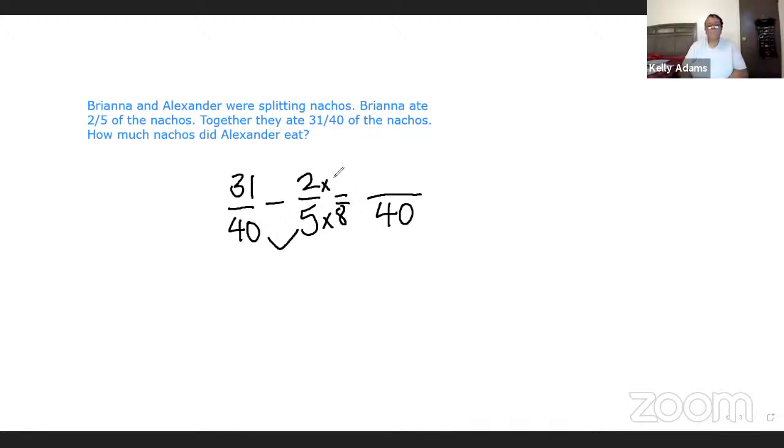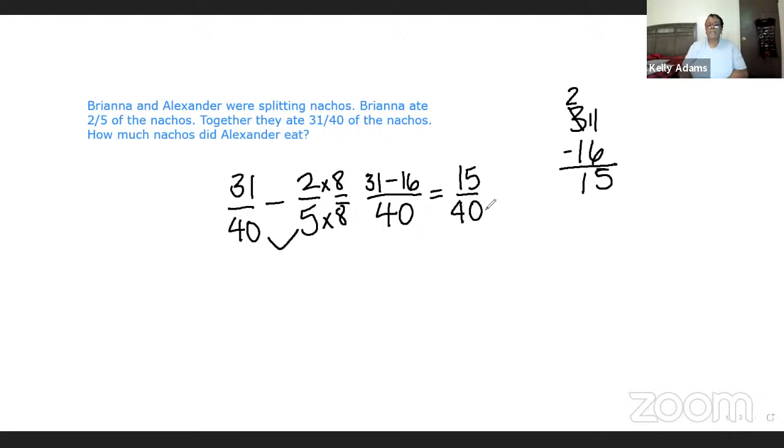If I multiply 8 at the bottom, I multiply 8 at the top. So I'm bringing my 31 over. 2 times 8 is 16. And I'm going to subtract 16 from 31. That's 15.